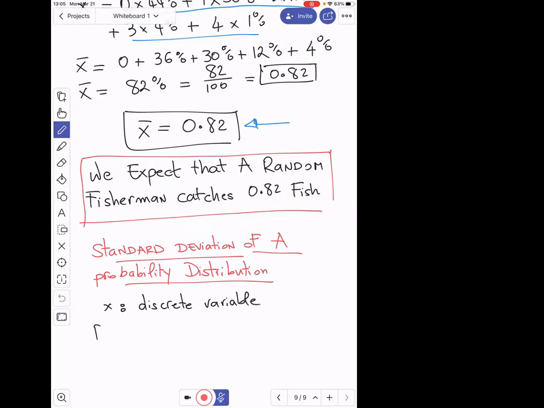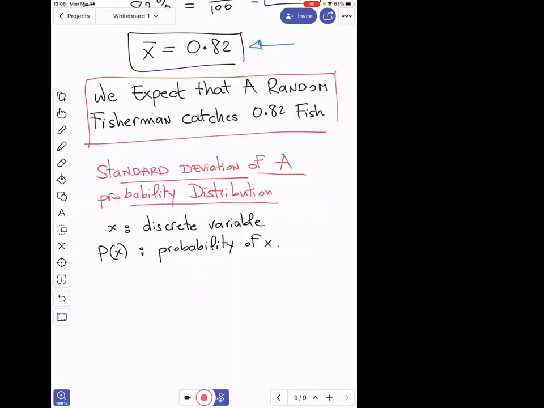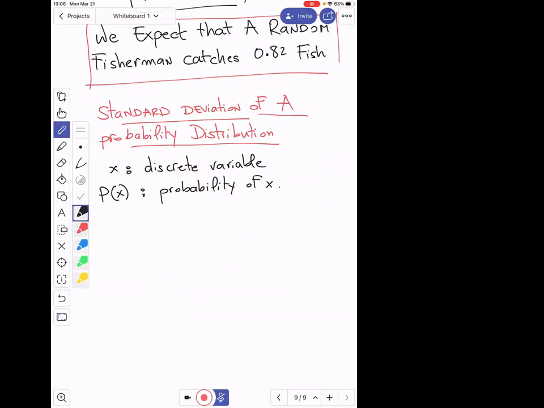And P of X, of course, that's the probability of X. All right, so what will be the standard deviation of your probability distribution? Well, first you have the variance, S squared. So they'll be equal to.